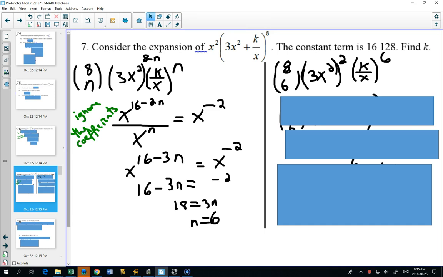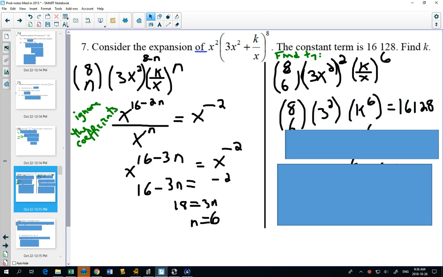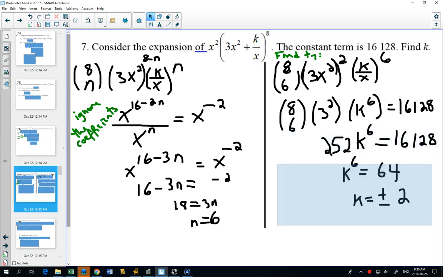When we know that we're finding term 7, and we know that term 7 is apparently equal to 16,128, we can solve for k.